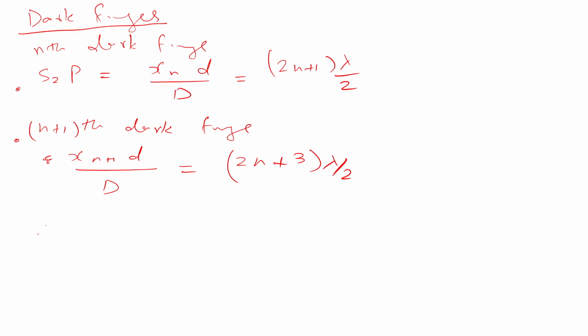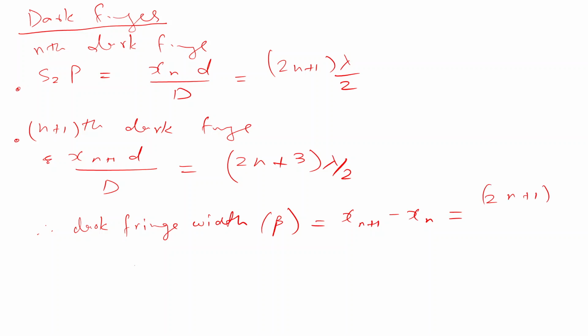And hence the width of this dark fringe again will be the difference between the positions xn plus 1 minus xn, which would be 2n plus 3 times lambda by 2 times capital D by small d minus 2n plus 1 times lambda by 2 capital D divided by small d.